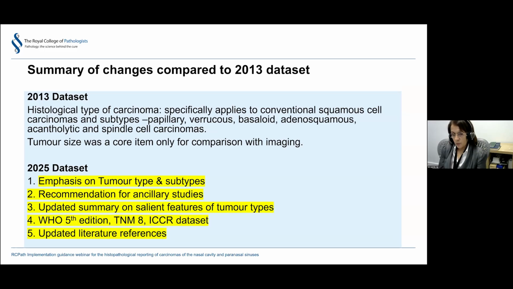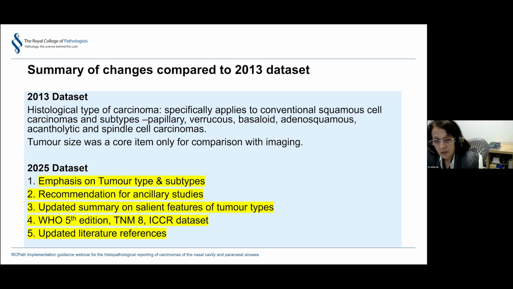So currently we do have a completely different setup of non-keratinizing or undifferentiated tumors with specific either gene fusions or SMARCB1 negative, SMARCA4 negative tumors. So that's completely new in the current data set.